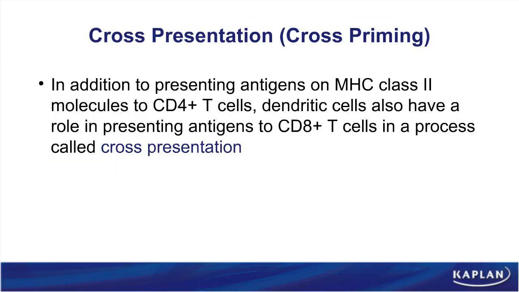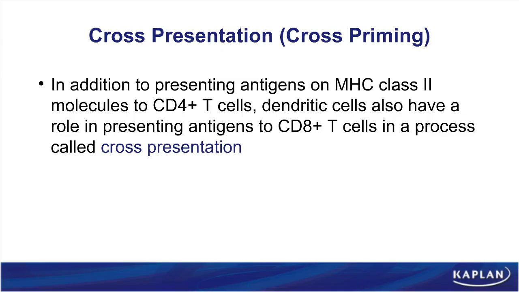The last concept we're going to talk about in Chapter 5 is something called cross-presentation or cross-priming. It is really a cool thing, where dendritic cells have a role in not only presenting antigens on a class 2 molecule to a CD4 positive T cell, but can also present antigens to CD8 positive T cells in this process.